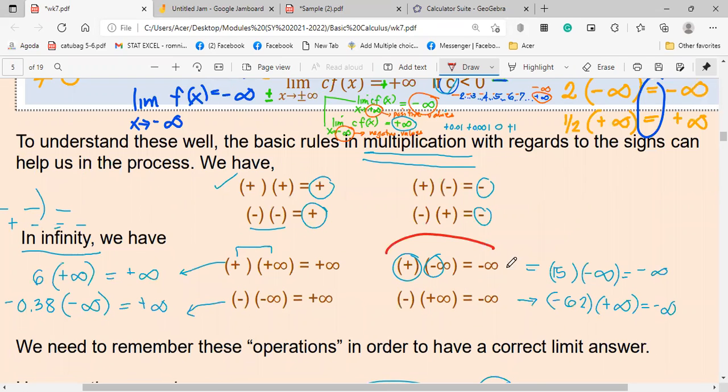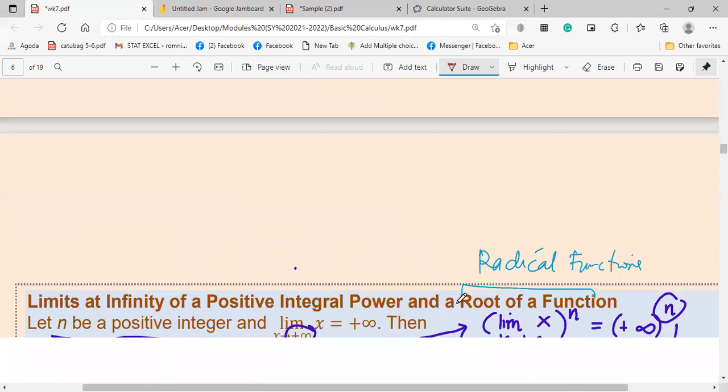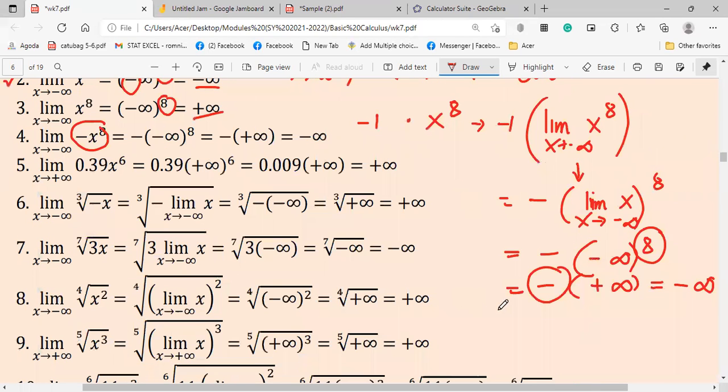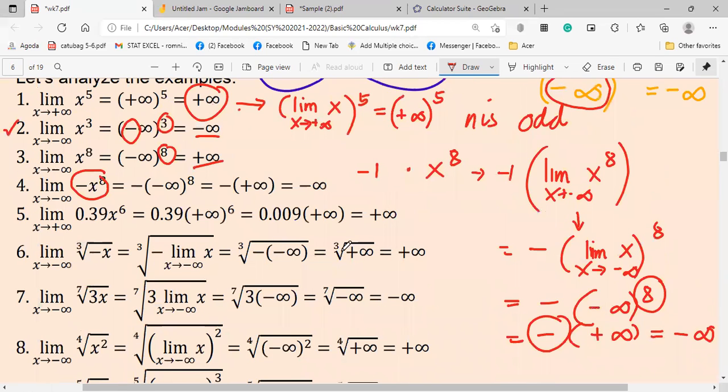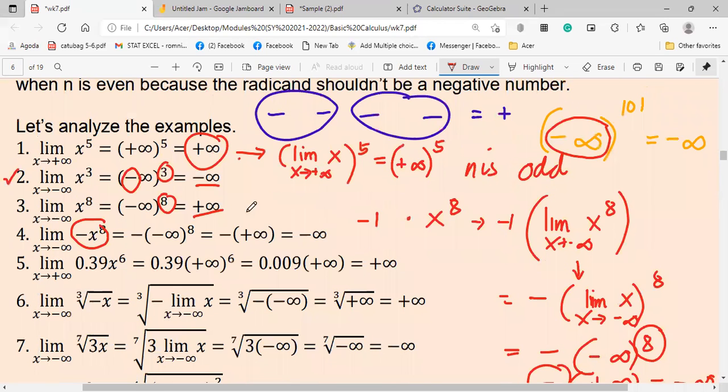Negative times positive is negative. Bumalik lang tayo dito. Okay? Kaya nga yung naging sagot natin dito, number 4 is negative infinity. Because of this. Negative times positive is negative.